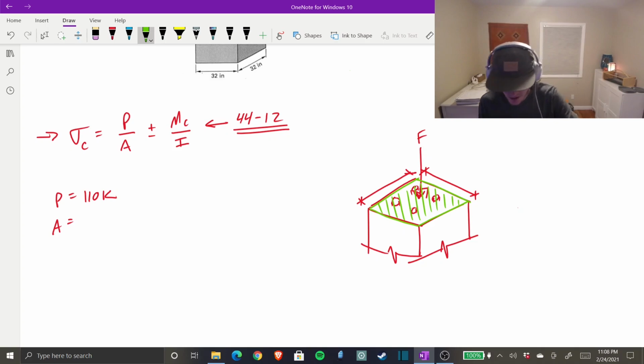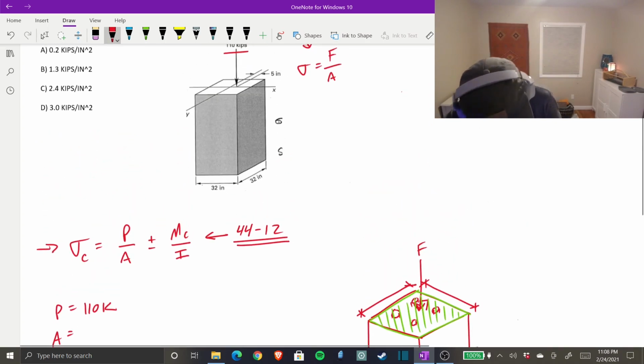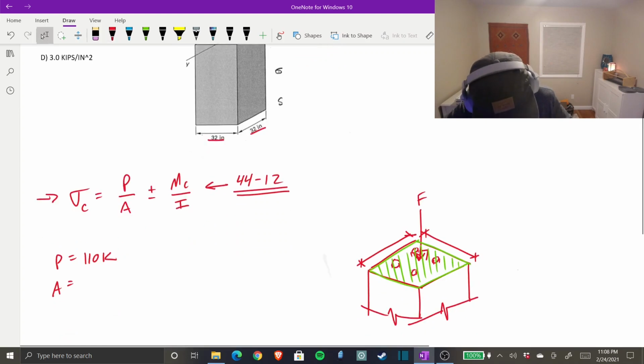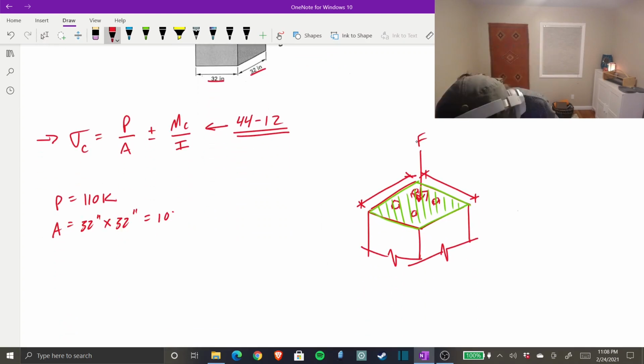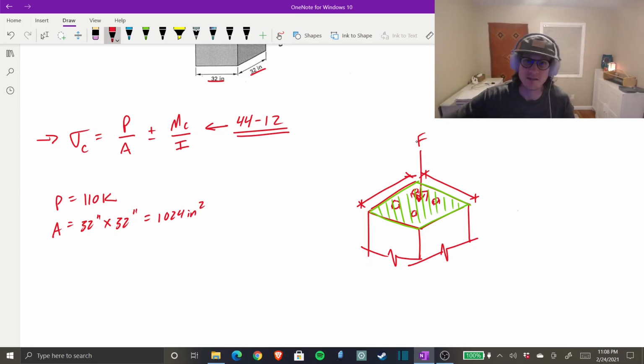Okay, so area is just going to be up above 32 inches by 32 inches. That's going to equal 1,024 square inches. Again, it's kips in square inches, so we know we can keep the units just like that. Next is M. M is moment. And you might be saying, well, what moment's going on here?